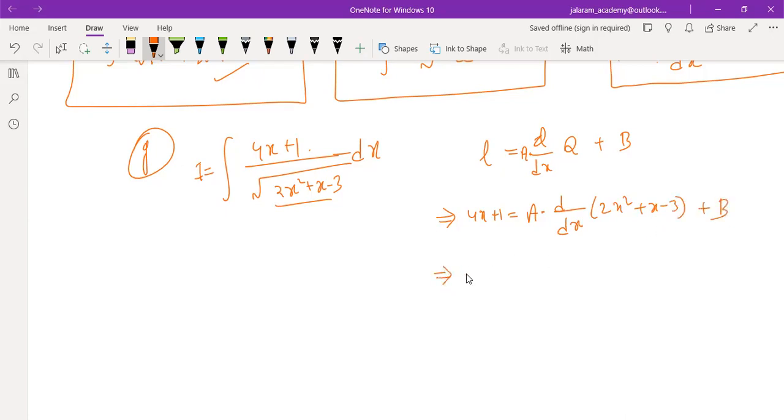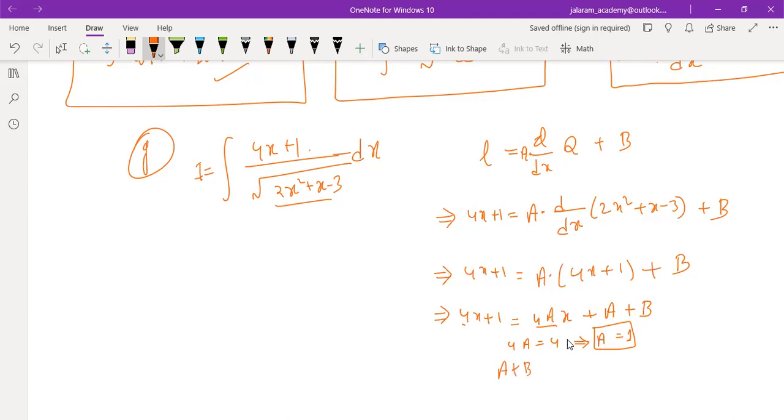So 4x plus 1 equals a into differentiation of 2x square is 4x, differentiation of x is 1, minus 0, plus b. It implies 4x plus 1 equals 4ax plus a plus b. Comparing the coefficient of x on both sides, 4a equals 4. It implies a equals 1.